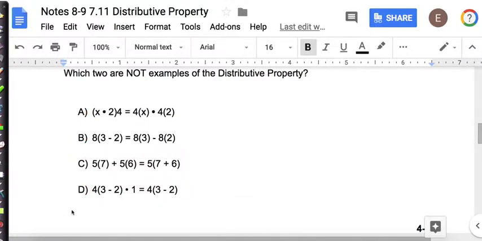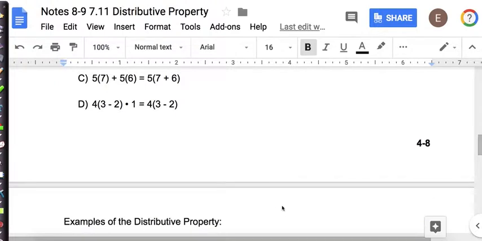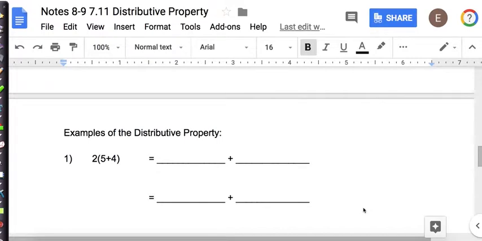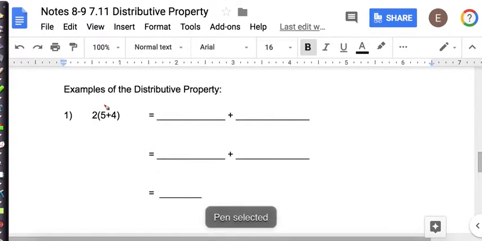Now we're going to practice using the distributive property. So we're going to look at example number 1. And we're going to apply the distributive property step by step. So it says 2 parentheses 5 plus 4, so we're going to distribute the 2 to both parts.